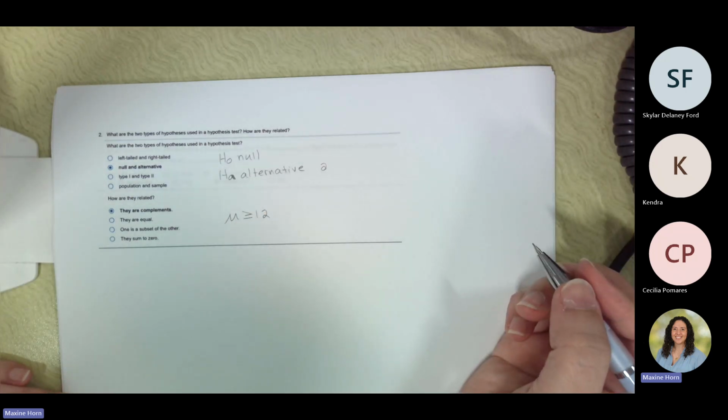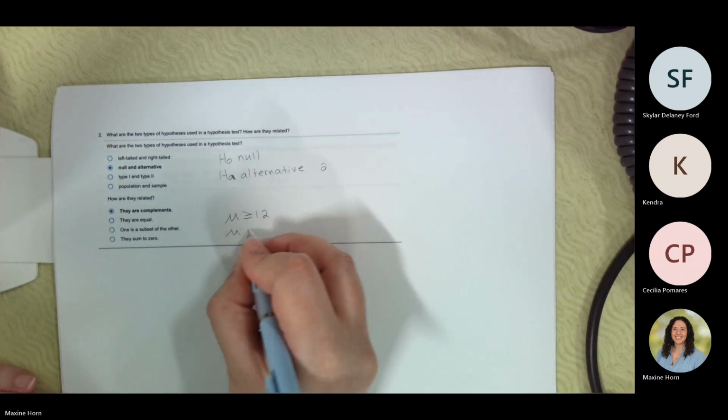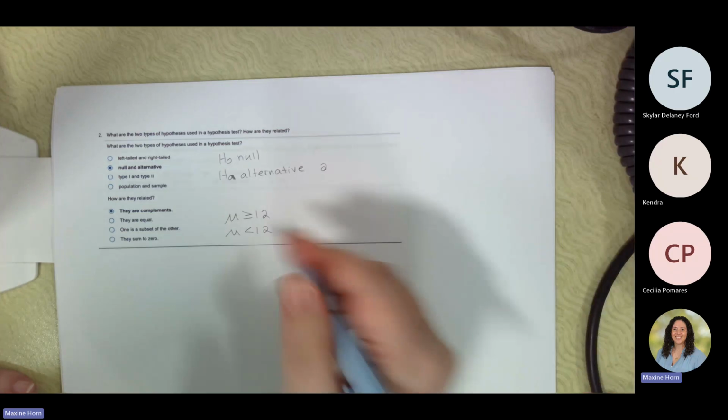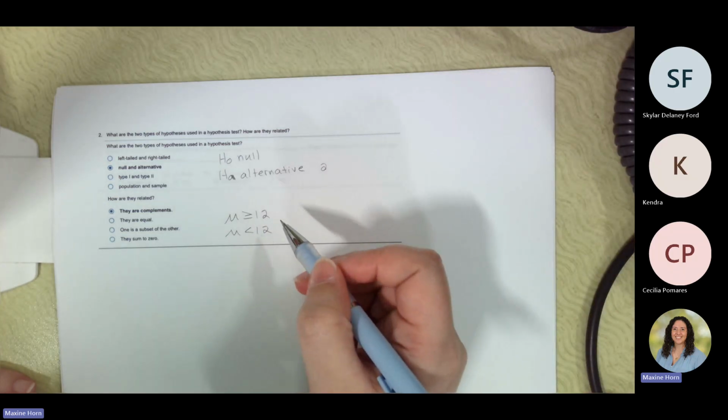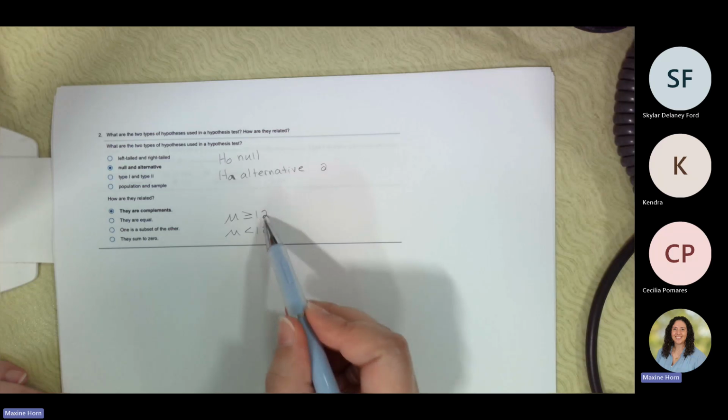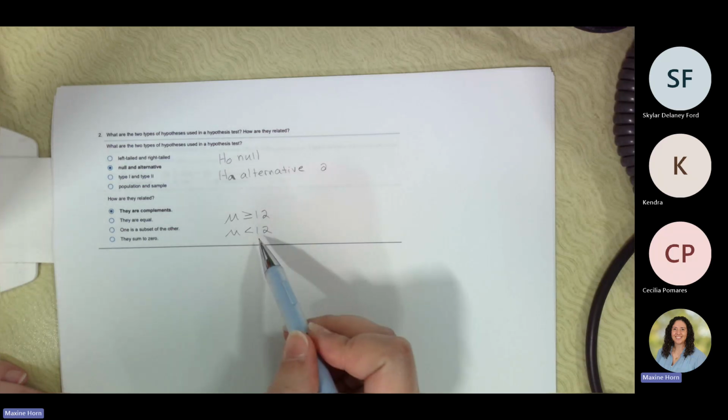So the only other option that we have is less than 12, right? So it's either one or the other. 100% of the values are either going to be greater than or equal to 12, or they're going to be less than 12. It's going to be one or the other, and together they make up 100%. Questions like that, hopefully not too bad.